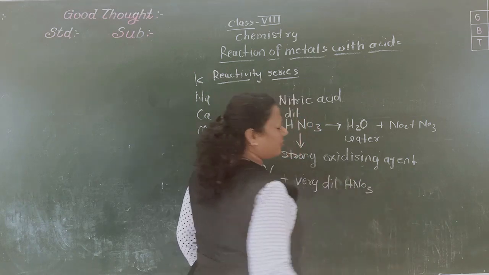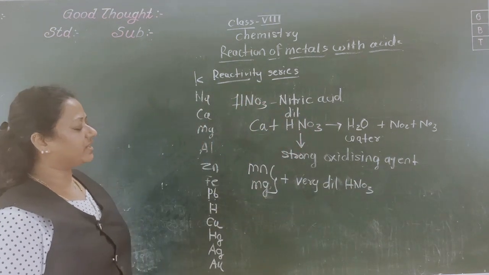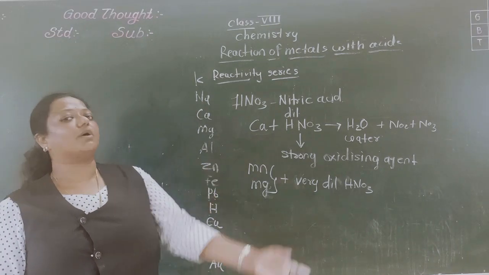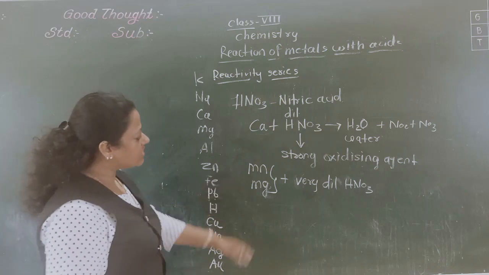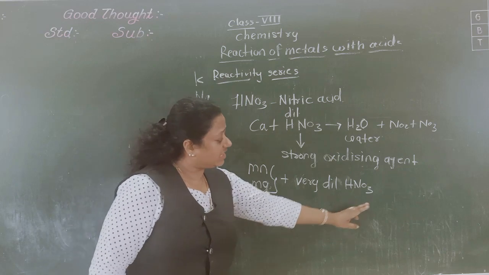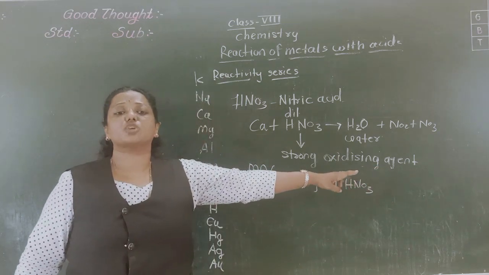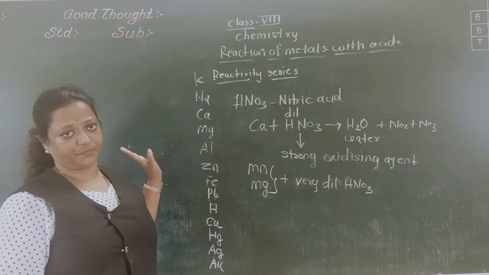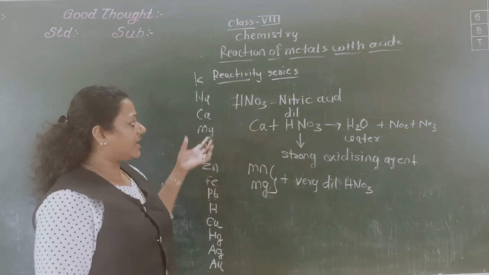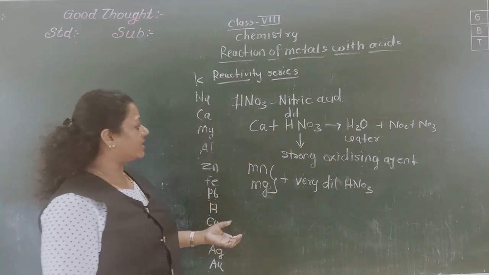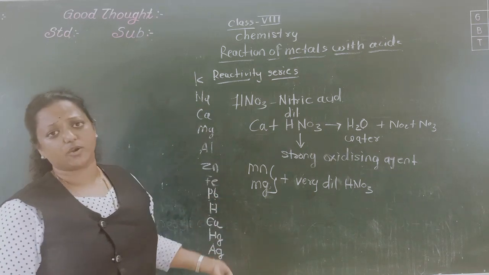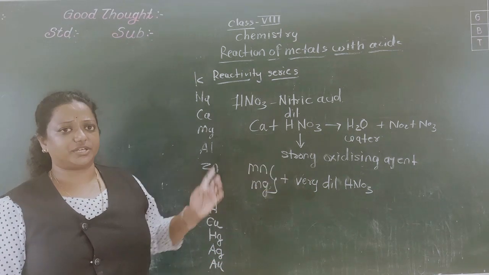Very dilute means a very small amount of nitric acid, which would not be able to provide much oxygen. Because of that, this reaction gives a particular salt and hydrogen gas is released. So this is the only acid that is unable to react with metals other than manganese and magnesium to prepare hydrogen gas and a respective salt.